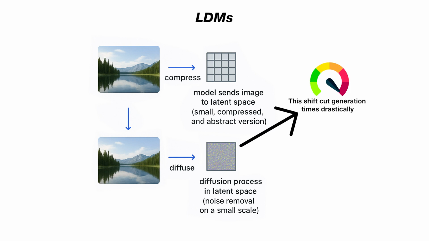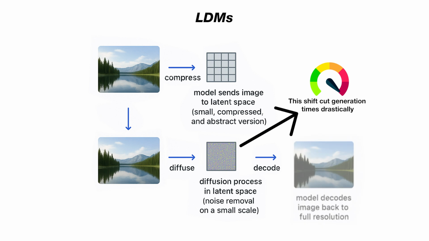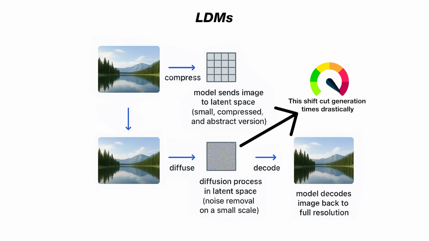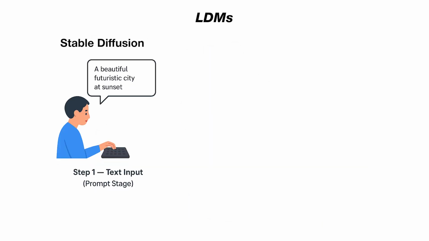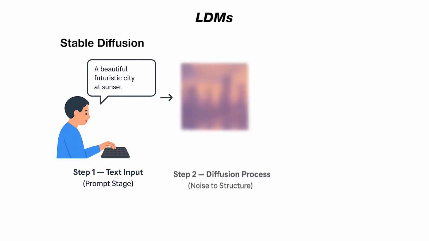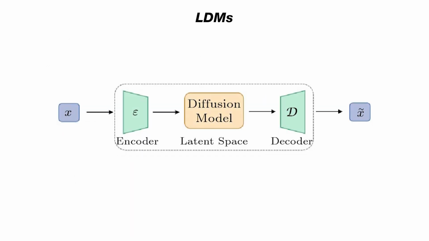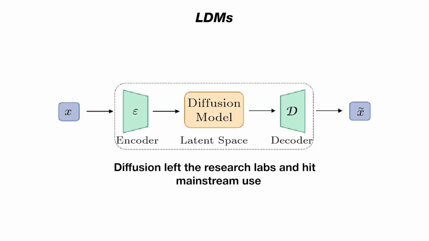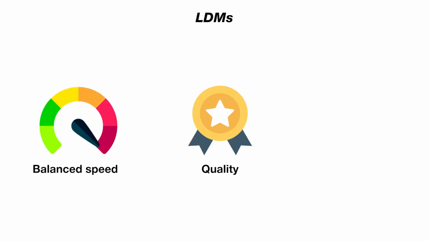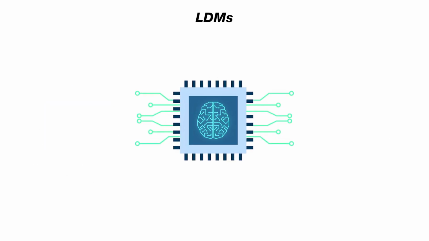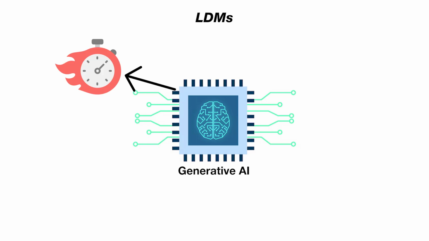This shift cuts generation times drastically while keeping image quality impressively high. The most famous example is Stable Diffusion, the open-source model that unlocked powerful image generation for the public. With LDMs, diffusion left the research labs and hit mainstream use. They balanced speed, quality, and accessibility, showing that practical generative AI could be both fast and stunningly realistic.